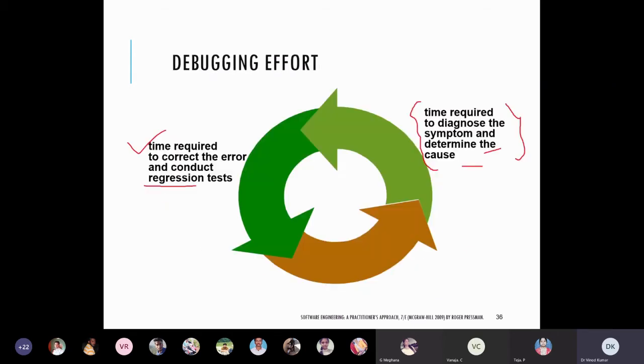Here we find the reasons based on the symptoms, and after fixing the causes you go for correcting the errors in the software. Then you go for the regression test to verify whether it is working properly or not.